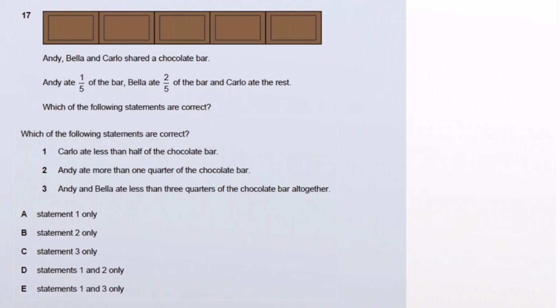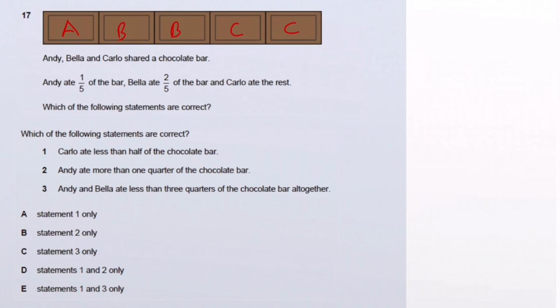So from the information, we know that Carlo ate the rest. So firstly, let's figure out how much Andy and Bella ate. From the diagram, it is handy that it is already split into 5 parts. So we know that Andy ate 1/5, Andy's piece. Bella ate 2/5, which means Carlo ate 2/5 as well.